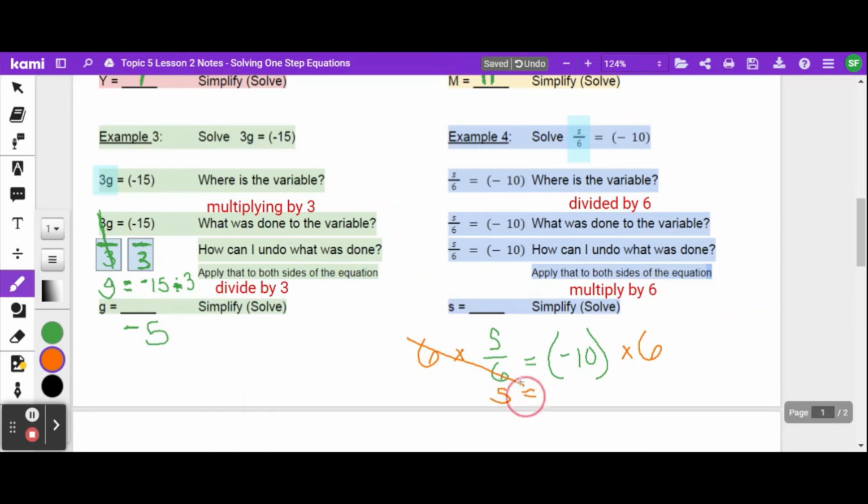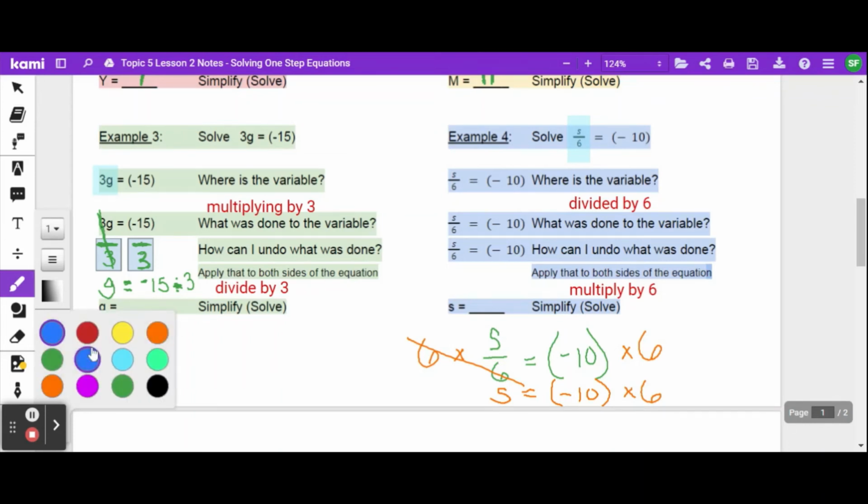And then I'm going to have a basic math problem of negative 10 times 6. Following my rules from topic 1, I know a negative times a positive is going to give me a negative answer. So that means my final answer is going to be negative 60. That is the only value that s can be. Negative 60 divided by 6 would give me negative 10.